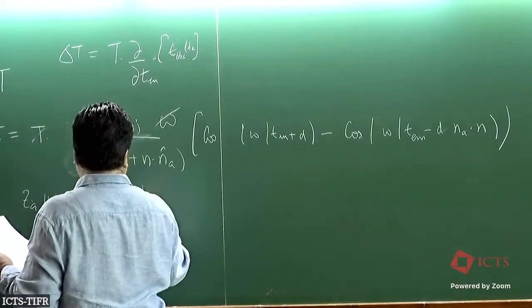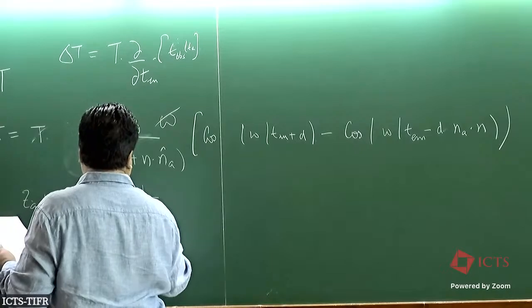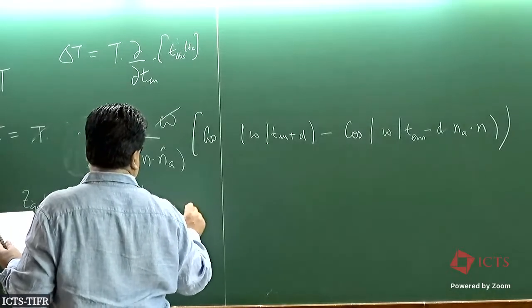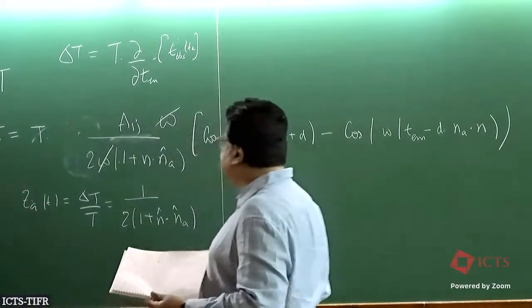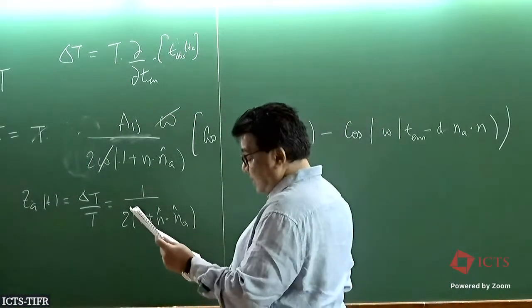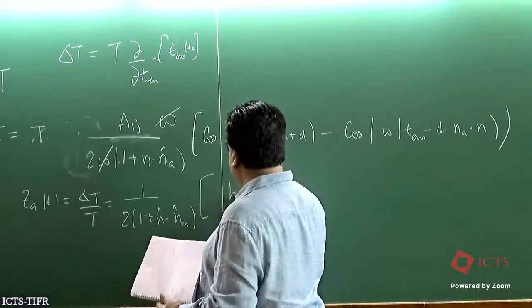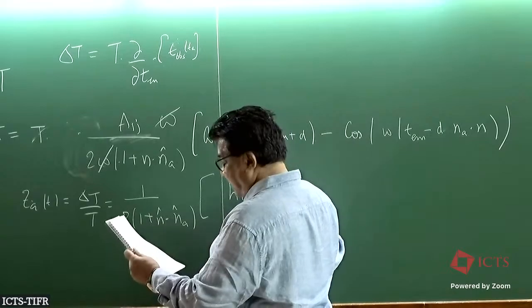This will be 1 upon 2, 1 plus n dot Na, and Aij.